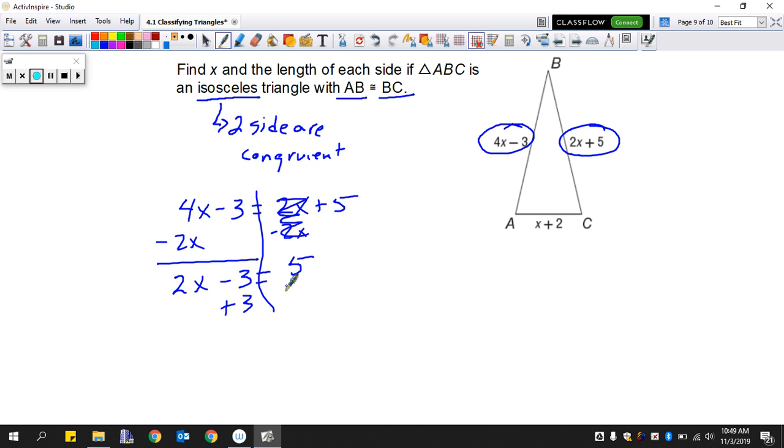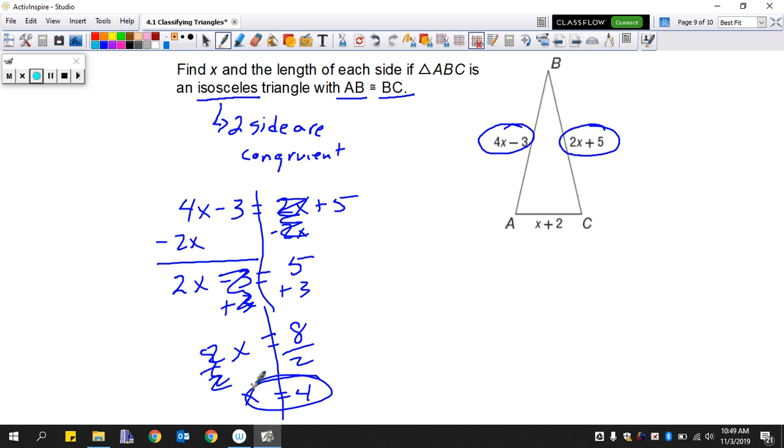And because the sides AB and BC are congruent, we should know that this over here is also 13, but let's just plug it in to check. 2 times 4 plus 5. 2 times 4 is 8, plus 5 is indeed 13, which leaves us with the bottom here, AC. Plug it in: 4 plus 2 is 6, and so the length of AC is 6.